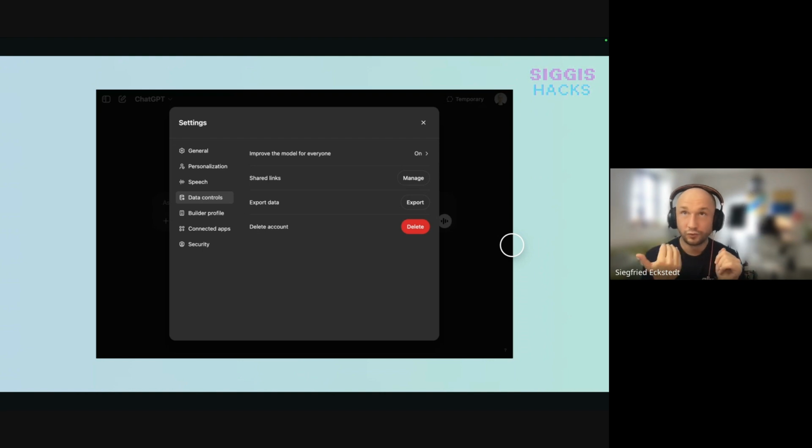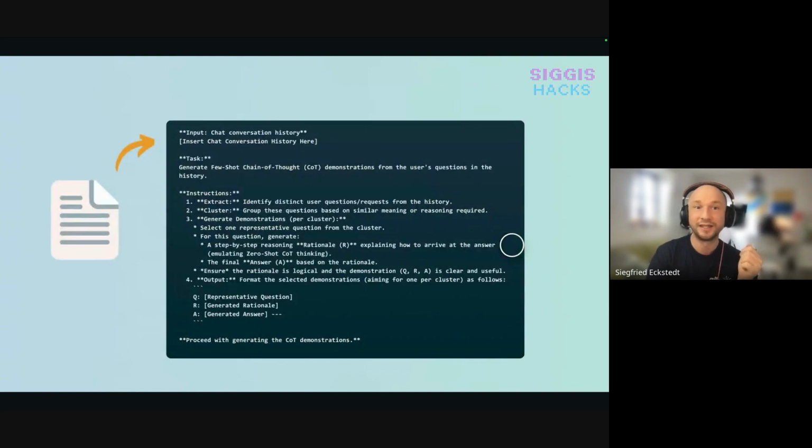You can then, if you have that downloaded, which is an HTML file, at least the last time I have exported it, it was an HTML file, you can use this chat conversation history and put it into a prompt. This prompt is one that I have formulated, so if it doesn't work, send it back to the author, send it back to me, and share your feedback.